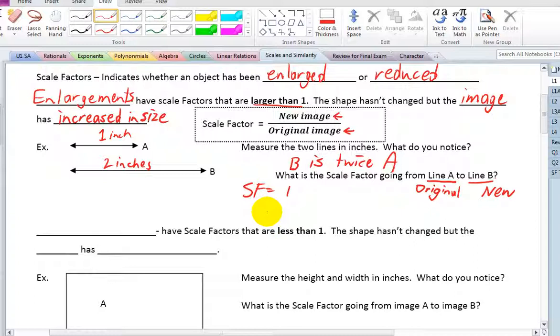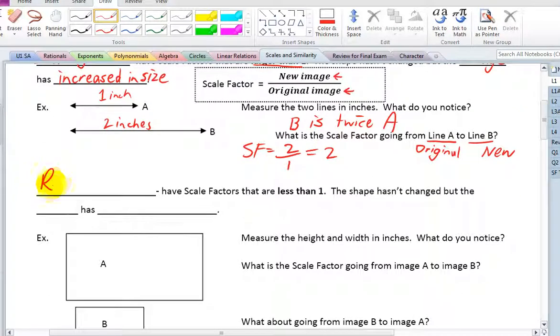The new image is line B, which is 2, over the original, which is 1. So this equals 2. Always try and simplify. So our scale factor is 2, going from A to B.